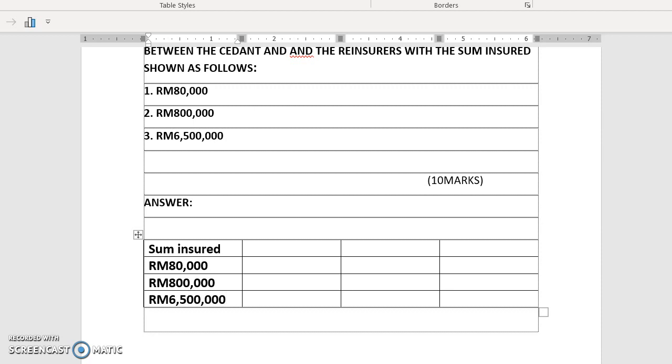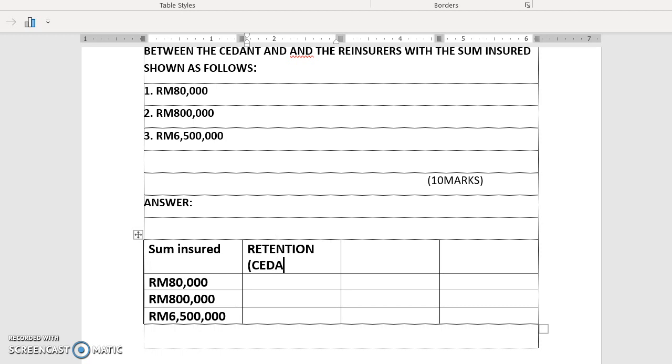So this is the sum insured that you have to calculate between the cedant company and the reinsurance company based on the quota share. For the second column, write the amount of retention. Retention means the amount that should be paid by the cedant company, the primary insurer.